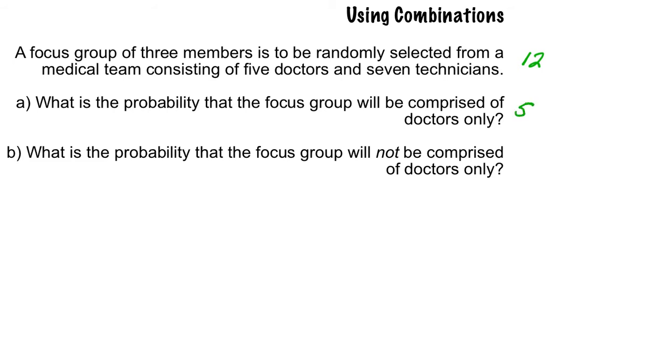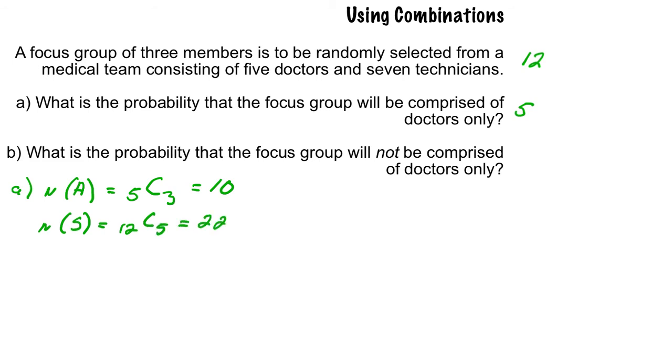There are 5 doctors. So for question A, let's figure out the number of times we can select the doctors. We have 5 doctors, and we want to select 3 of them. So 5 choose 3, which equals 10. We're going to select them from a possibility of 12 choose 3, which is 220.